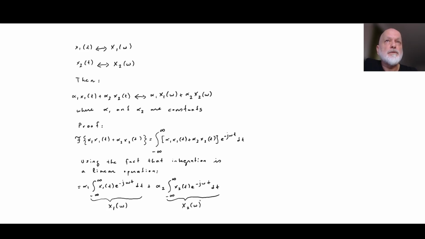The Fourier transform is a linear operator from the vector space of functions, which are called signals, which are Fourier transformable, to the vector space of the set of Fourier transforms of these signals.